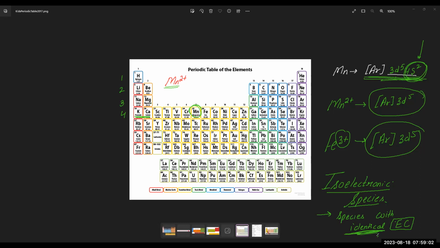Very important word. I think today I told you about noble gas notation. Exactly half filled configurations are more stable than partially filled. Isoelectronic species. What else we did today? New words, new vocabulary.